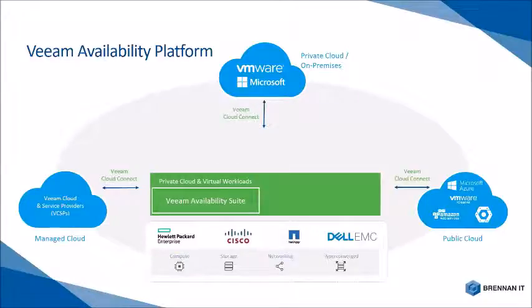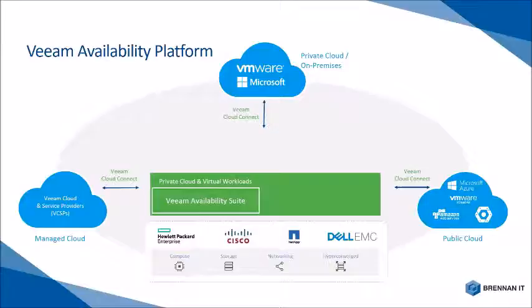Also, we provide tools to manage services for service providers like Brennan IT. Also, we provide the capability to back up your data to the cloud if you wish, and also to a private cloud to replicate between your data centers.